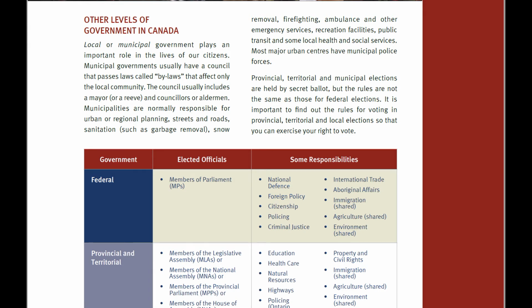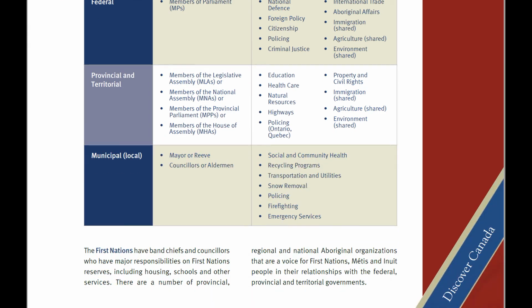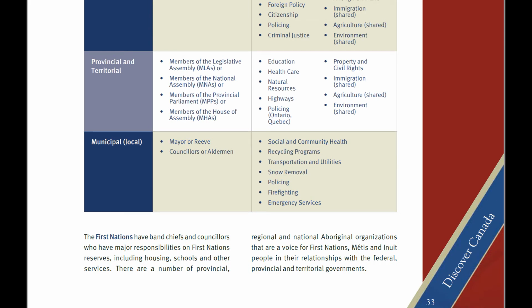The First Nations have band chiefs and councillors who have major responsibilities on First Nations reserves, including housing, schools, and other services. There are a number of provincial, regional, and national Aboriginal organizations that are a voice for First Nations, Métis, and Inuit people in their relationships with the federal, provincial, and territorial governments.